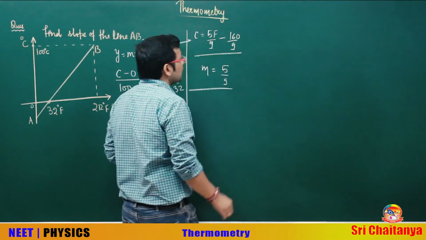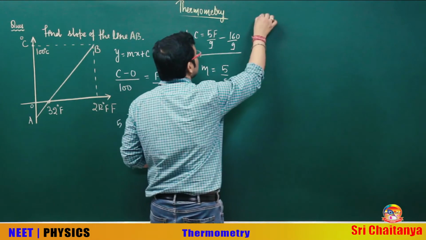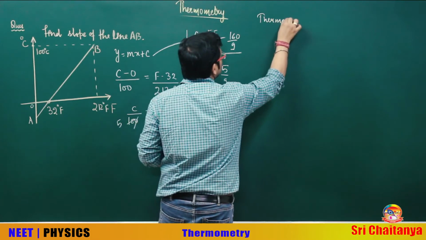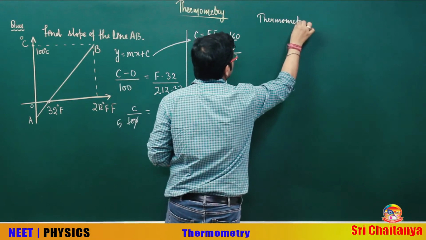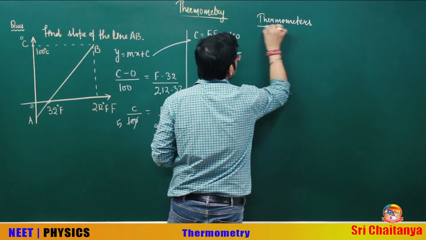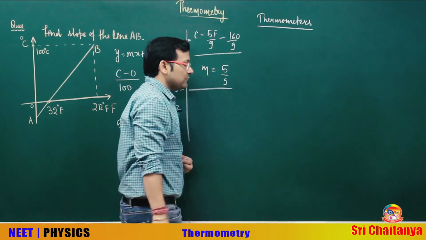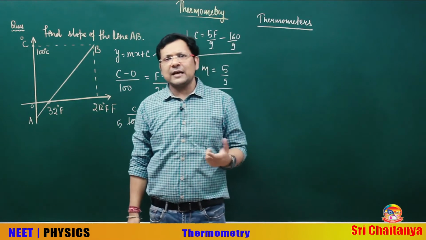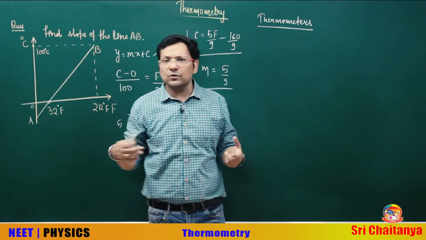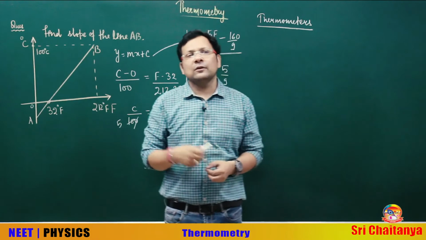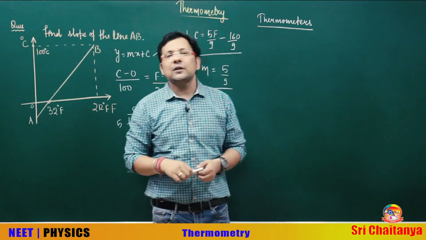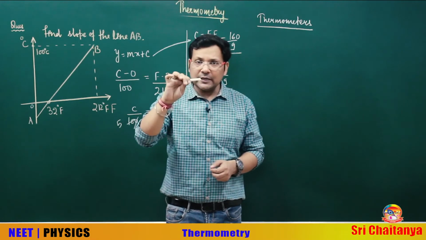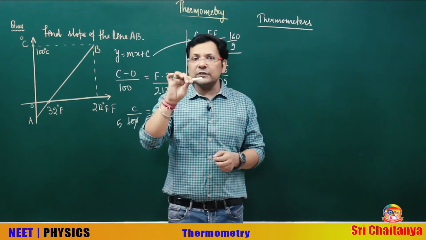Next point that we have to study in this is thermometry or thermometers. Thermometers, how to measure temperature. Okay, fine. Generally you have used a thermometer in household applications for checking fever and all. So whenever the thermometer is inserted and withdrawn, what do we see?